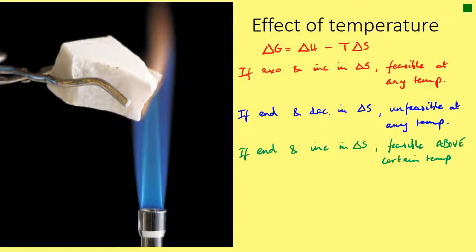And the last option is that the reaction is exothermic, so delta H is going to be negative, and there's a decrease in entropy, then the reaction is feasible below a certain temperature.